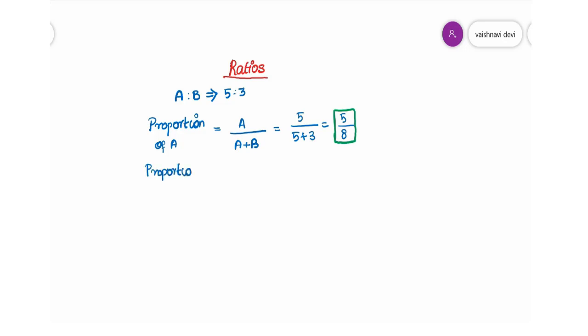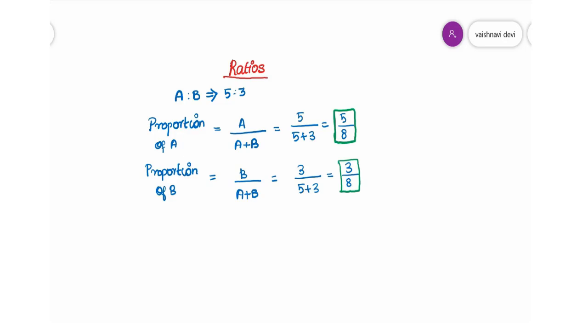Then what is the proportion of B? It is the same, B by A plus B. What is B here? B is 3. 3 divided by 5 plus 3. So that is 3 by 8. Here 3 by 8 is the proportion of B, and 5 by 8 is the proportion of A. So in both cases, we have compared one quantity with the overall quantity.